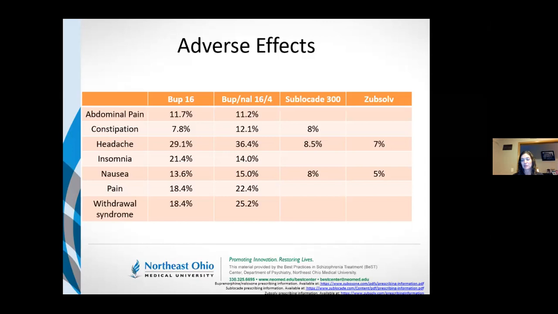So that may have been a result of the withdrawal itself and maybe not necessarily from the buprenorphine or naloxone. Overall, generally well tolerated. The Sublocade and the Zubsolv did not report adverse effects other than the ones listed here, because they must have occurred in less than 2% of the patients in those clinical trials.